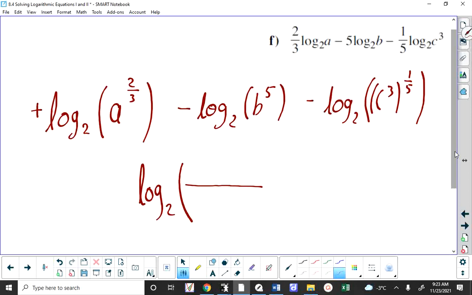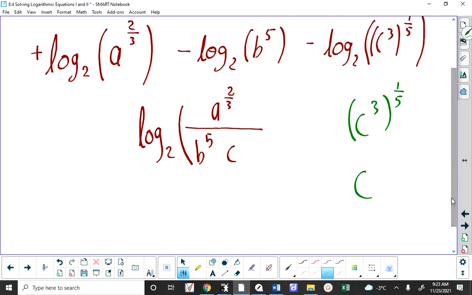So we're going to have A to the 2/3. Then we're going to have B to the 5, and we're going to have C raised to an exponent. Now, just to talk for a second about C cubed raised to the 1/5, that's called a power of a power. And a power of a power is simplified by multiplying the two exponents together. So we'll get 3/5. And then this is our answer.